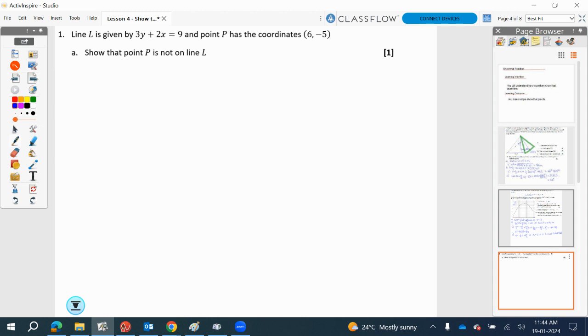Did we change the equation to y first? No, you won't have to do that. Why don't we just plug in the points? Yeah, that's it.